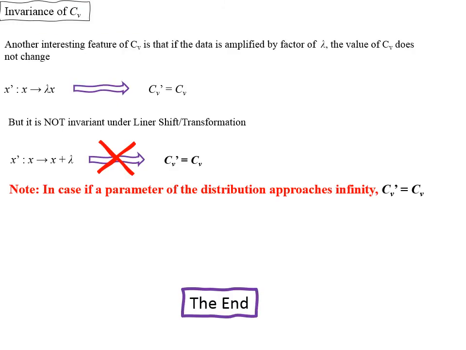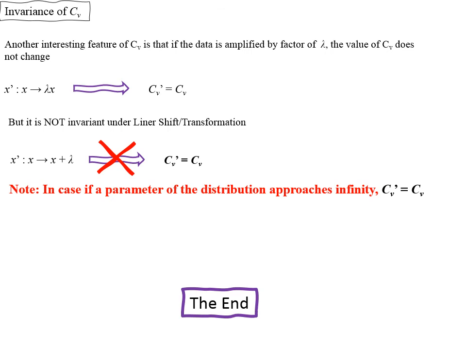There is another interesting point which is still related to our discussion. The coefficient of variation is normally invariant under the transformation of multiplying the data by a certain constant, okay, or certain value; the coefficient of variation does not change.